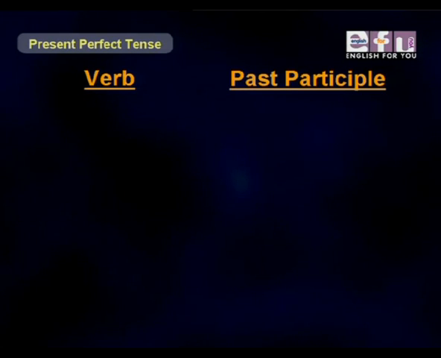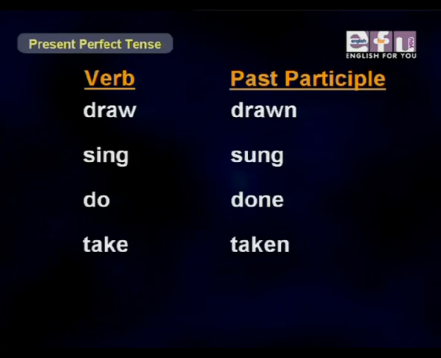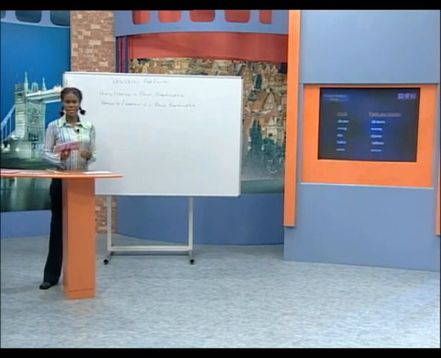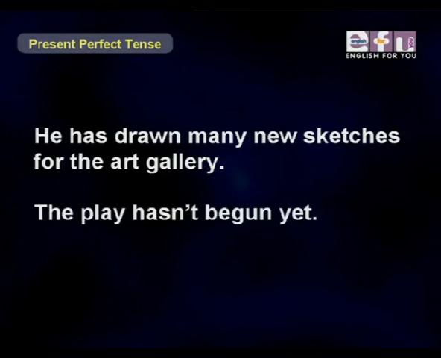Next, draw, drawn. Sing, sung. Do, done. Take, taken. See, seen. Okay, more examples. Take a look. He has drawn many new sketches for the art gallery. The play hasn't begun yet.